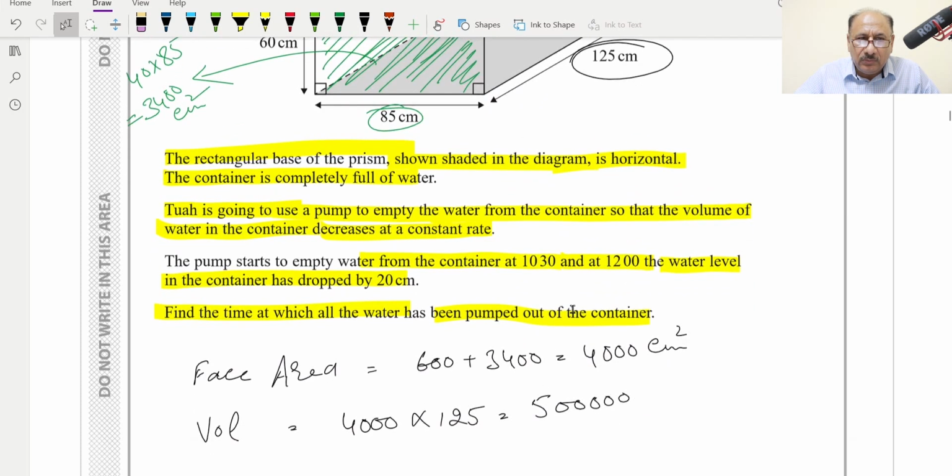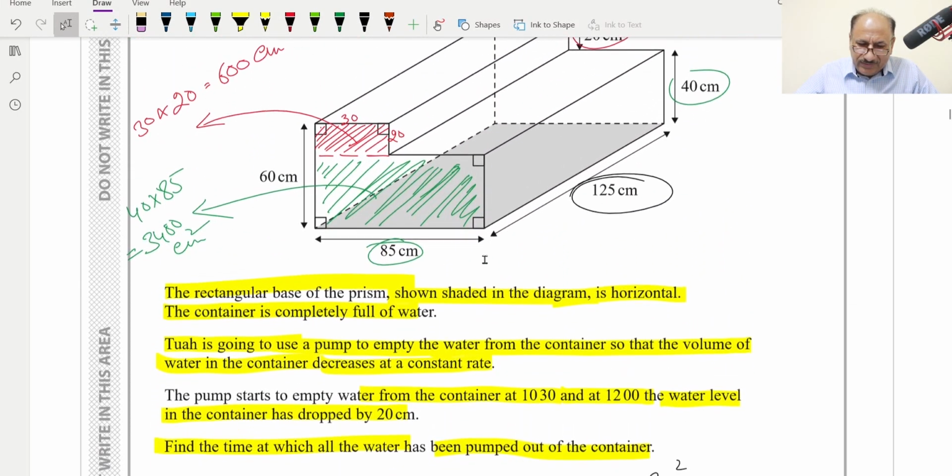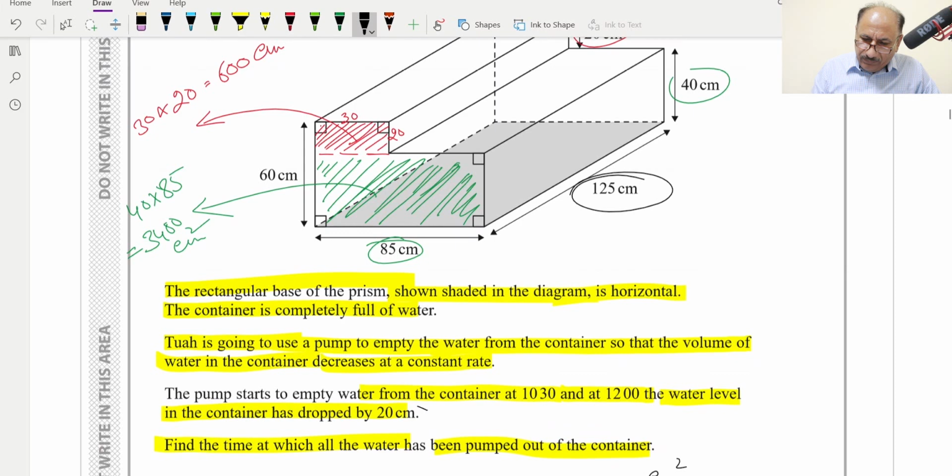Now after calculating this one, they are saying that 20 centimeters dropped, this much is dropped.